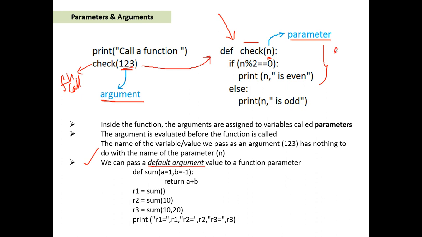You have to call this function with parentheses, and inside that you have to pass some value. If you do not pass the value, what will happen? It will raise an error, because the function is written in such a way that whenever we call it, we have to give some value.